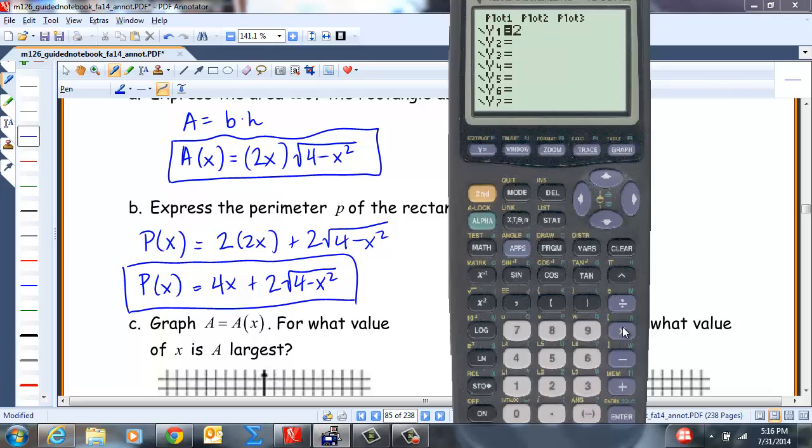It'll be 2 times x times the square root of 4 minus x squared, and let's go ahead and just graph it.